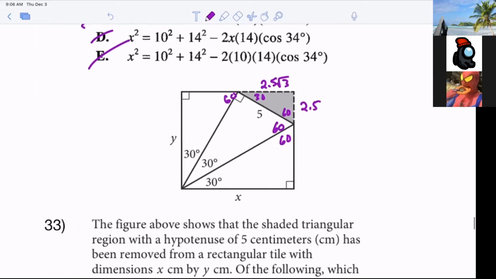And it says, which best approximates the area of the tile before the piece was removed. All right. So this is 2.5. Now, does everybody understand that if now this is the 30, then this right here would be 5 radical 3.